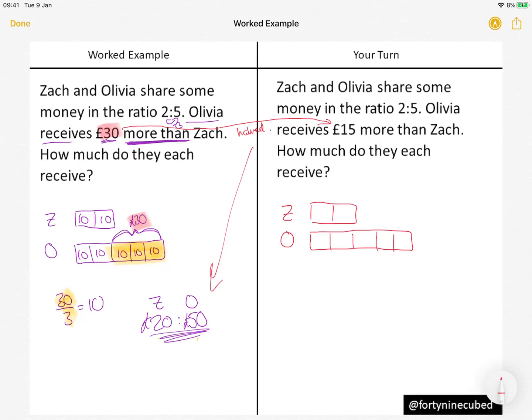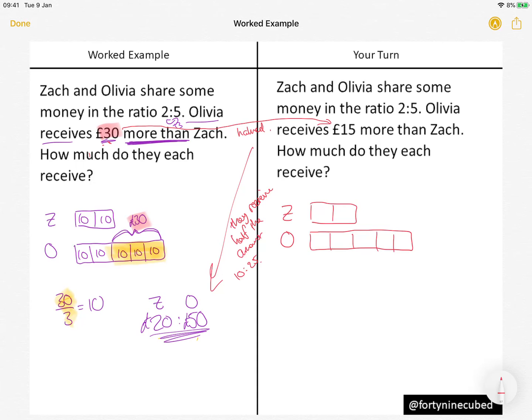Our reflect part is noticing the change in the question. We then make an expectation. So if the amount that she gets more is halved, then I'm going to make an estimate that they receive half the amount. So my prediction would be that it's going to be 10 and 25. And that's what I would put in my expect column.